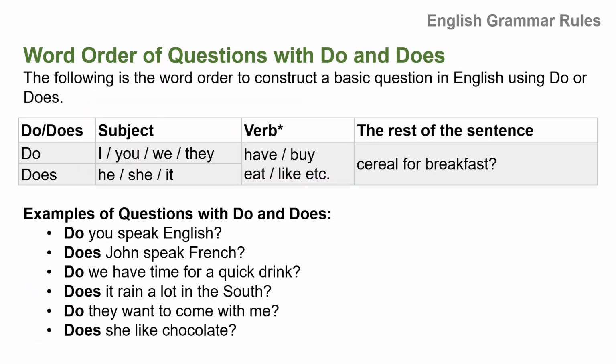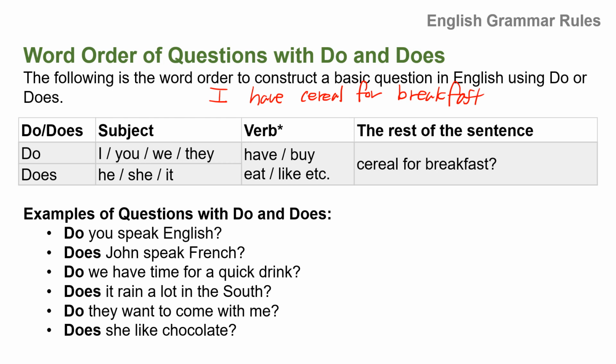Now, word order of questions with do and does. The following is the word order to construct a basic question in English using do or does. Here, I have cereal for breakfast.